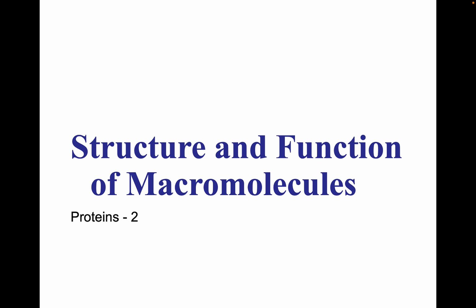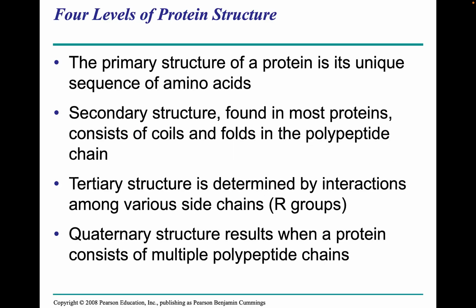A functional protein consists of one or more polypeptides that have been twisted, folded, and coiled into a unique shape. But it's the unique sequence of amino acids that determines the functional conformation for that protein.